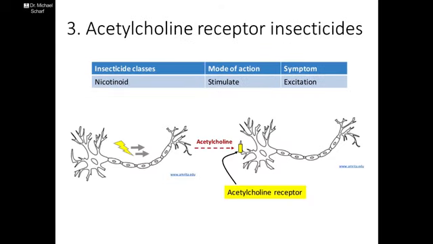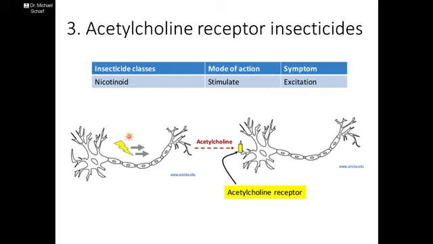Jumping ahead, we have our acetylcholine receptor insecticides. These are exclusively the nicotinoid class. So, this is a big group that we have available to us today. We have 6 products or so that are being produced in various forms out there. So what these things do, they work in a very different way.